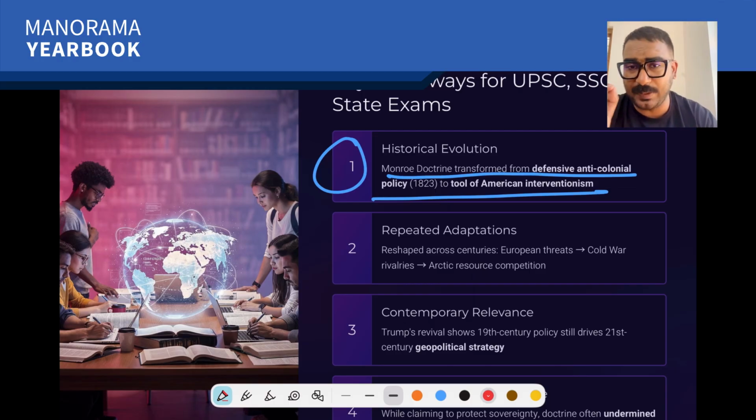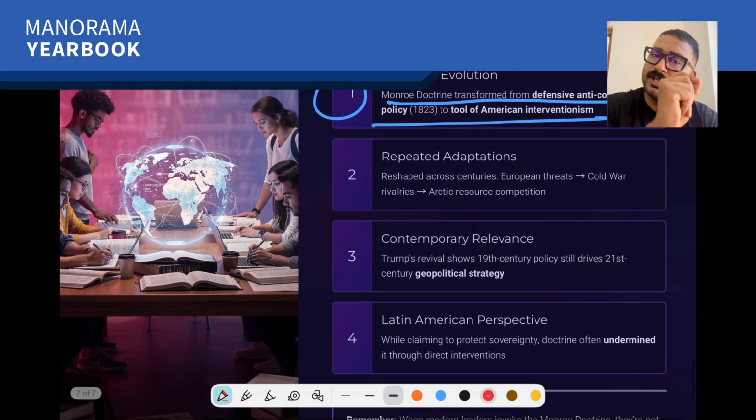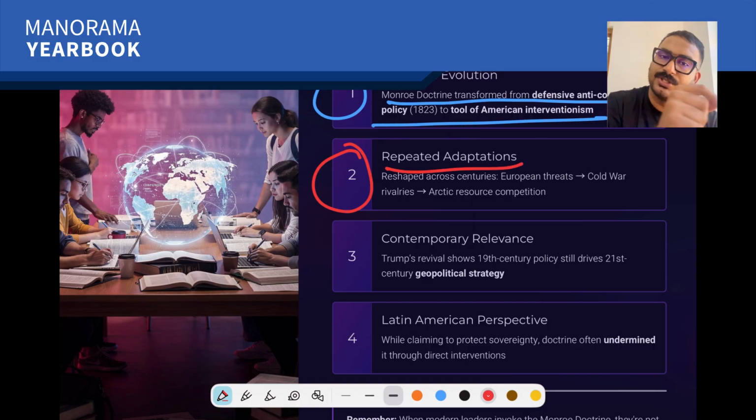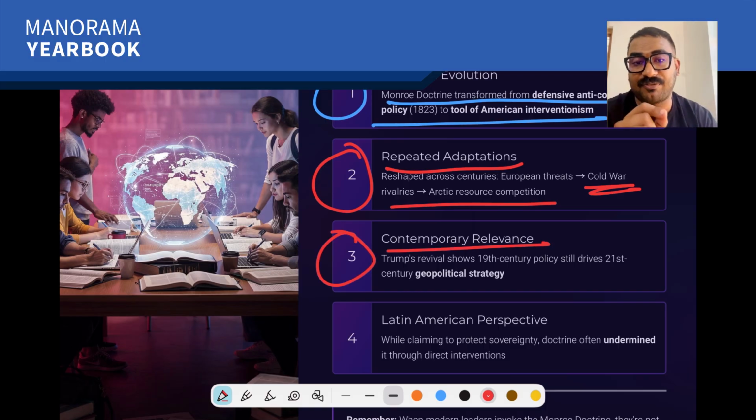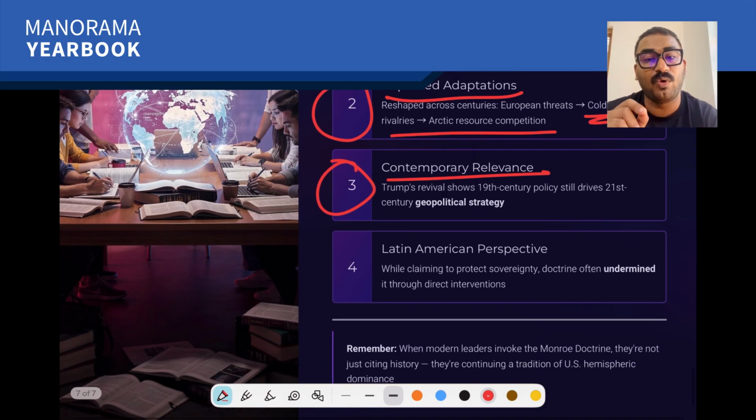Second, it has been repeatedly reshaped to suit US geopolitical interests, from European colonial threats to Cold War rivalries, and now to resource competition and Arctic geopolitics. Third, when modern leaders invoke the Monroe Doctrine, they are not just referring to history, they are invoking a long tradition of US interventionism.